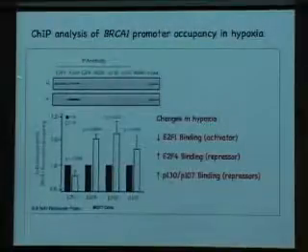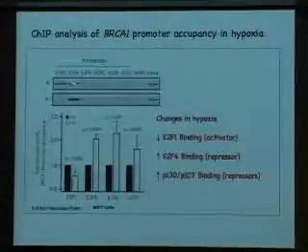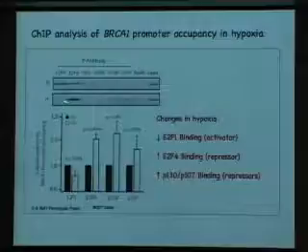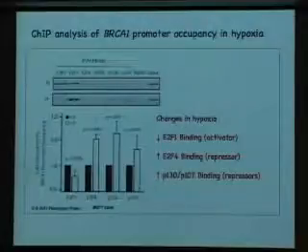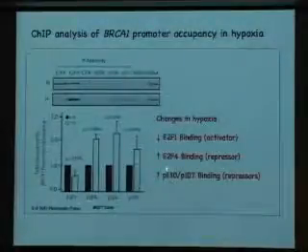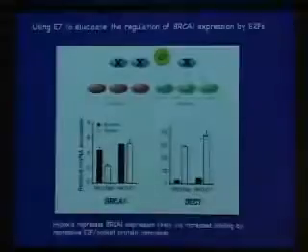What you can see here in normoxic cells on the BRCA1 promoter, E2F1 and E2F4 are present, but in hypoxia, E2F1, which is an activating factor, comes off, and E2F4 increases its occupancy, along with some of these pocket proteins I mentioned before, and that's graphically shown here. So this is kind of a mechanistic basis for this regulation of BRCA1 in response to hypoxia.